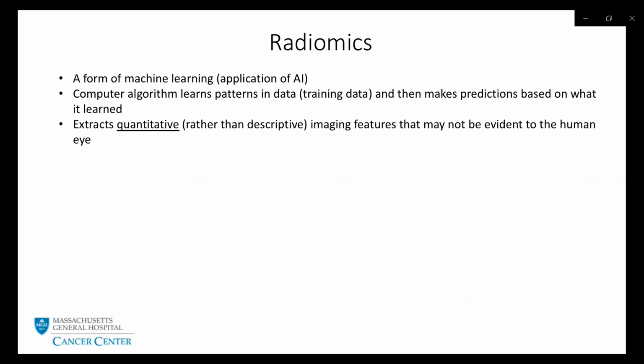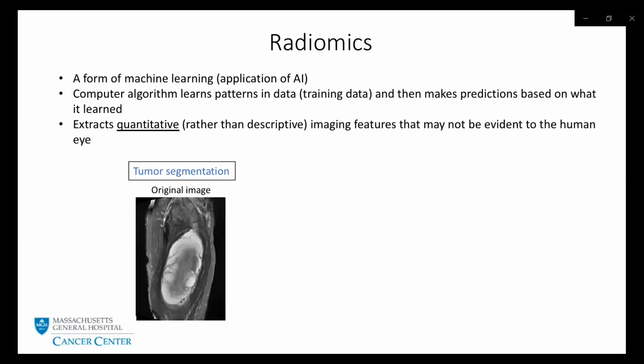In machine learning, a computer algorithm is given lots of data, called training data, to learn patterns that are different between groups of diseases. And through this process, it is then able to make predictions when exposed to new data. Using radiomics, the computer algorithm extracts quantitative imaging features from MRIs that may not be evident to the human eye.